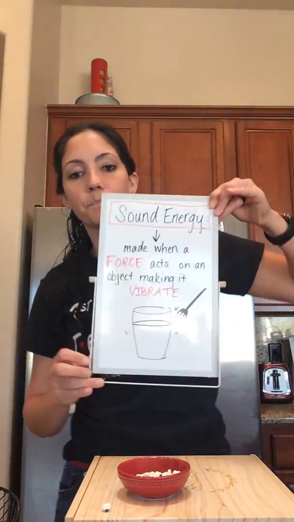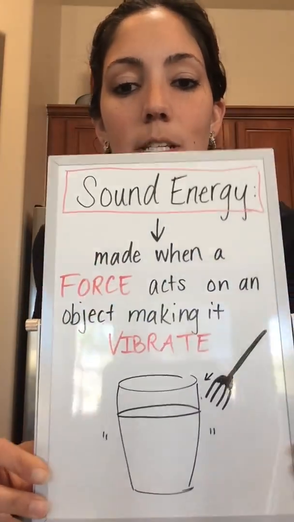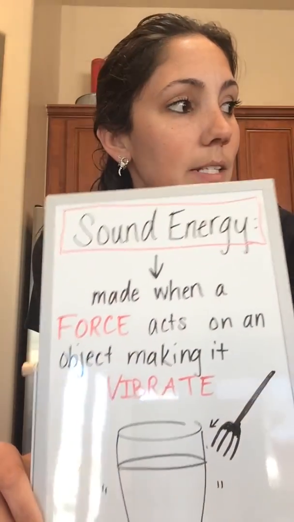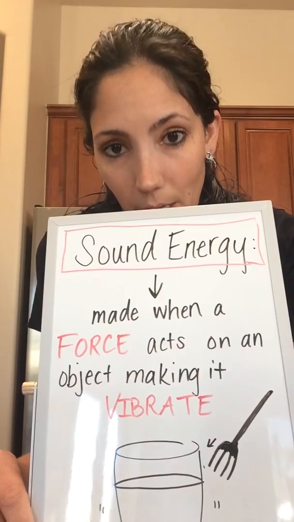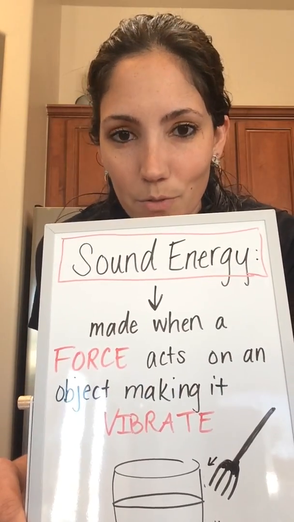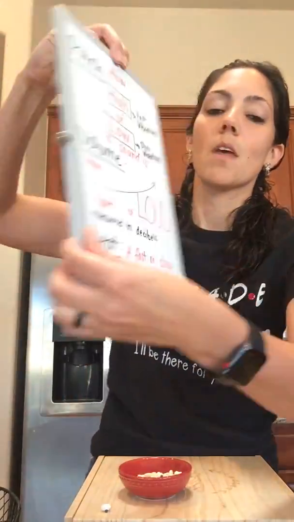Just a quick review. Remembering that sound energy is made when a force acts on an object and makes it vibrate. So all of these instruments that you're making, you are creating sound energy because of your force acting on that object and creating those vibrations and making those sound waves. Vibrations are sound waves.